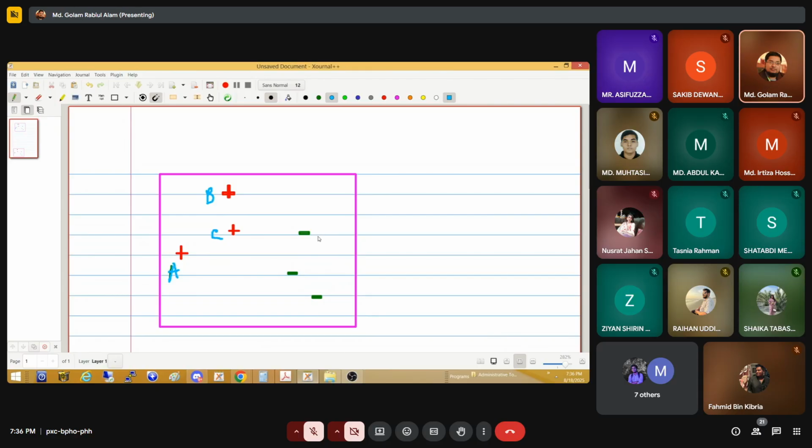And this is D, this is E, and this is F. These are from the negative class. Using these data points, we want to train our model. That means in our training set, we have 6 data points: 3 are positive and 3 are negative.